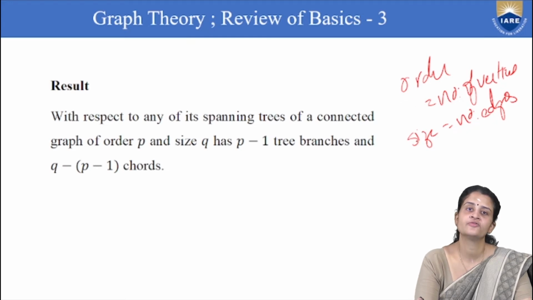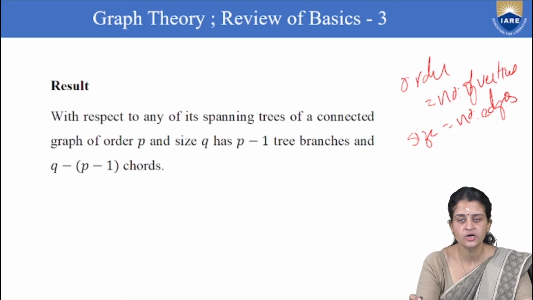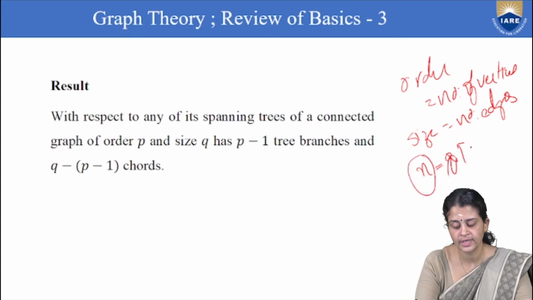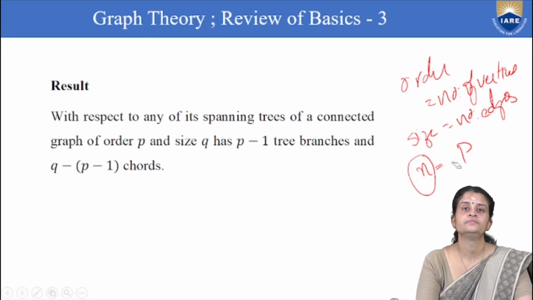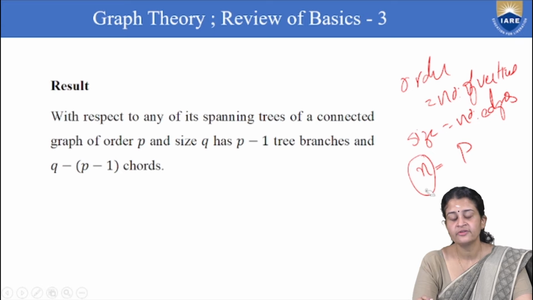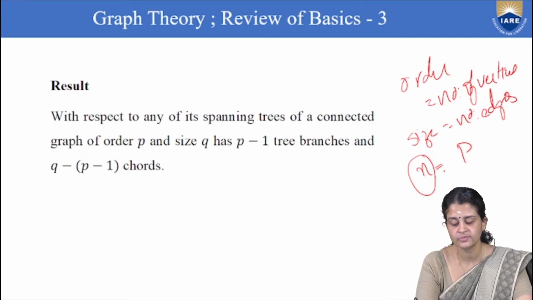We have used n for the order, so n is equal to P, because while defining trees we used to say that if G is of order n and size n minus 1, then it is a tree.